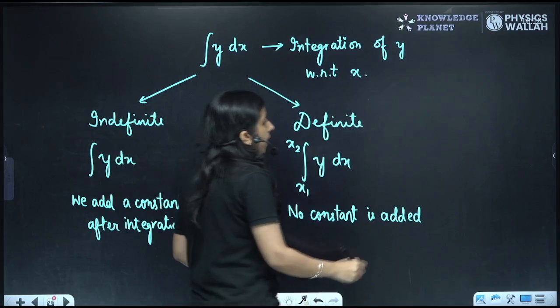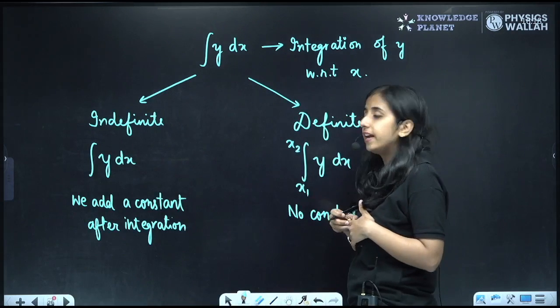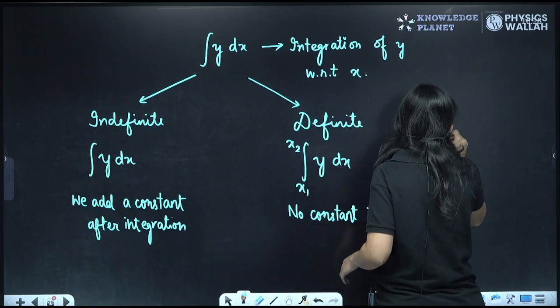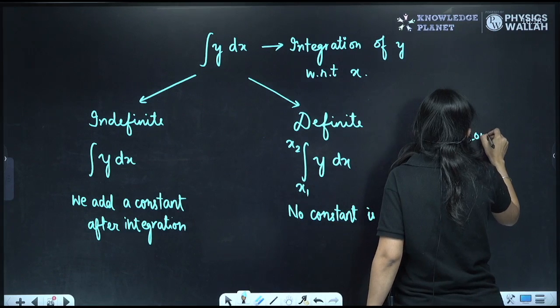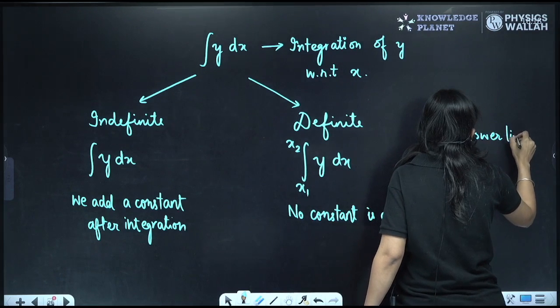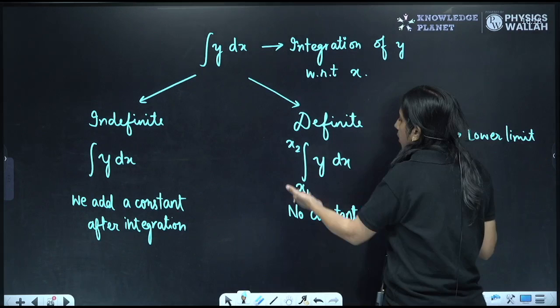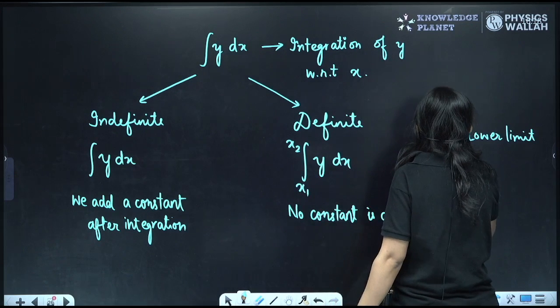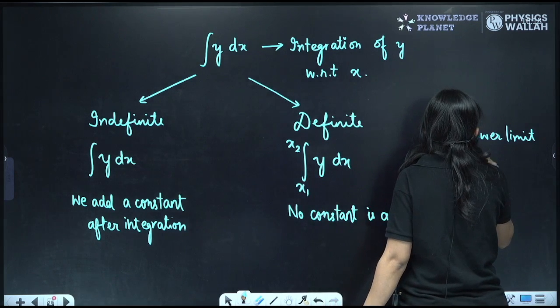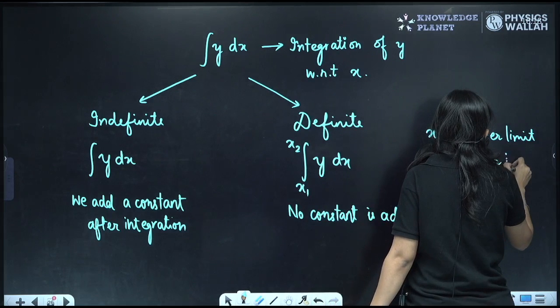Now x1 is called the lower limit and is written on the lower side of the integration sign, and x2 is called the upper limit.